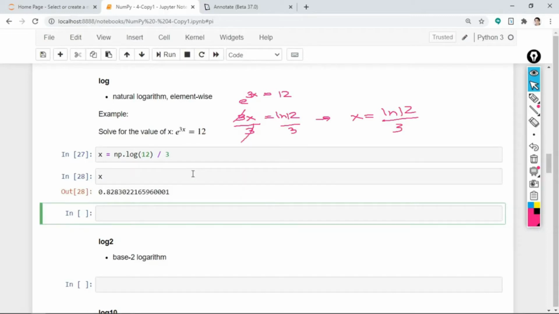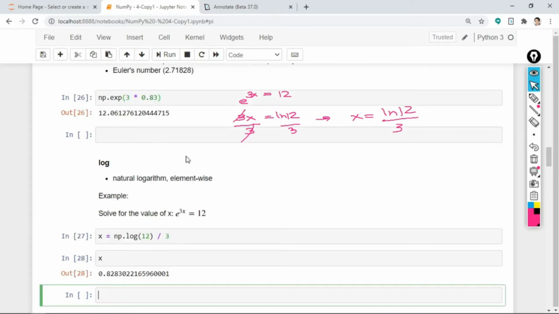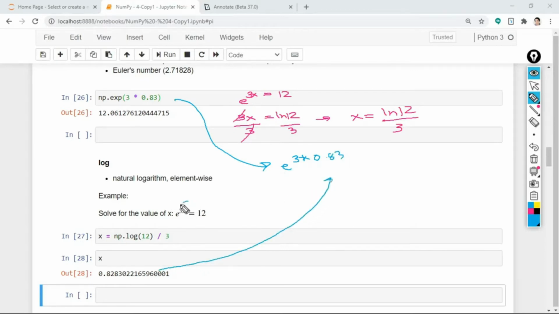0.82. Remember I used the previous example, e raised to the 3 times 0.83. That's the value of x that we derive from this equation. So e raised to the 3 times 0.83 is 12.